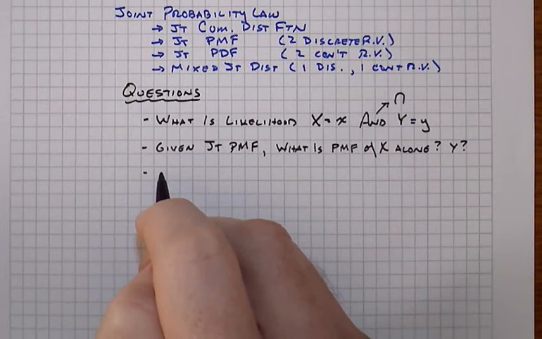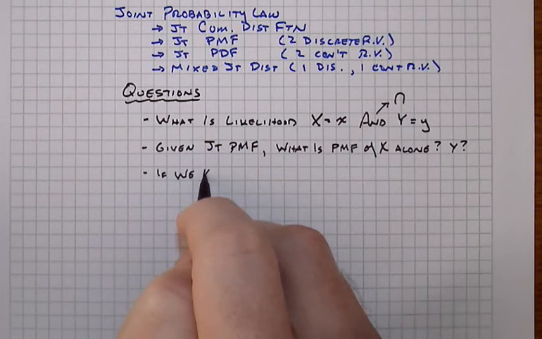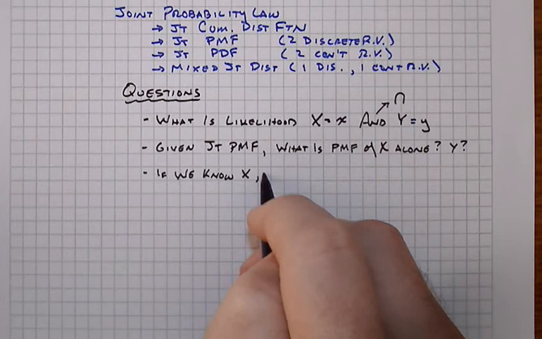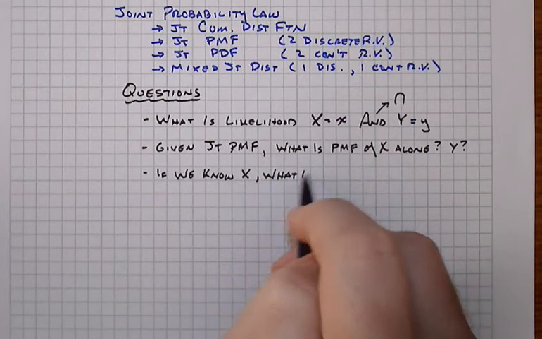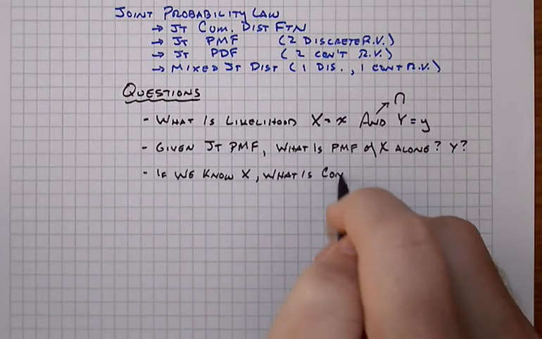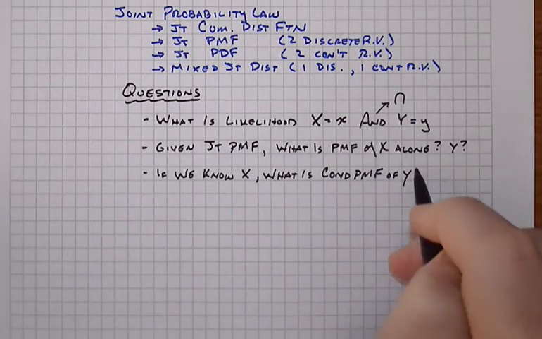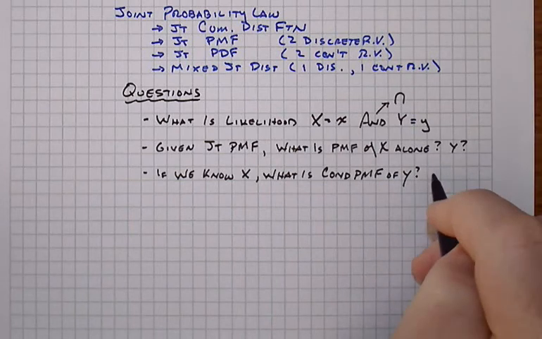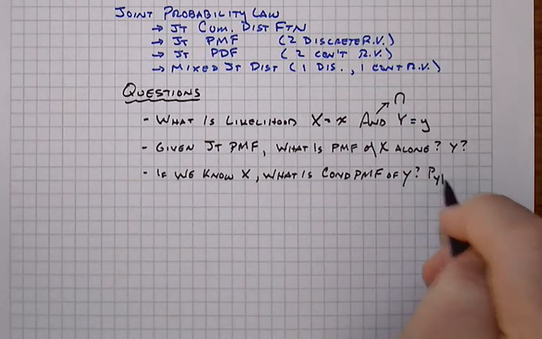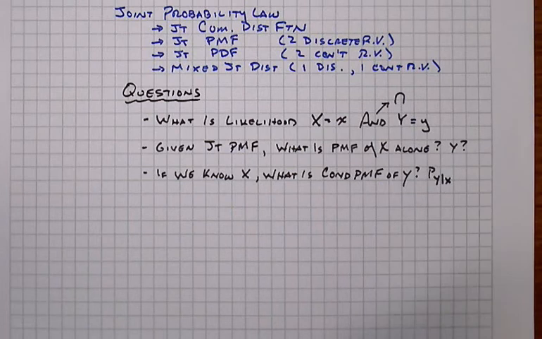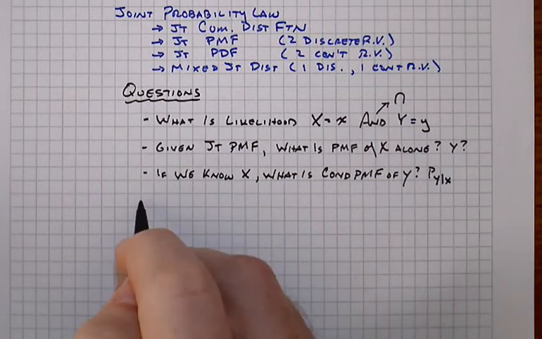Another way that we might be looking at this issue is, if we know x, one of the random variables, then what is the conditional probability mass function of y? And in shorthand notation, that might be written something like the probability of y given x, y vertical bar x, as the PMF that we're looking at.